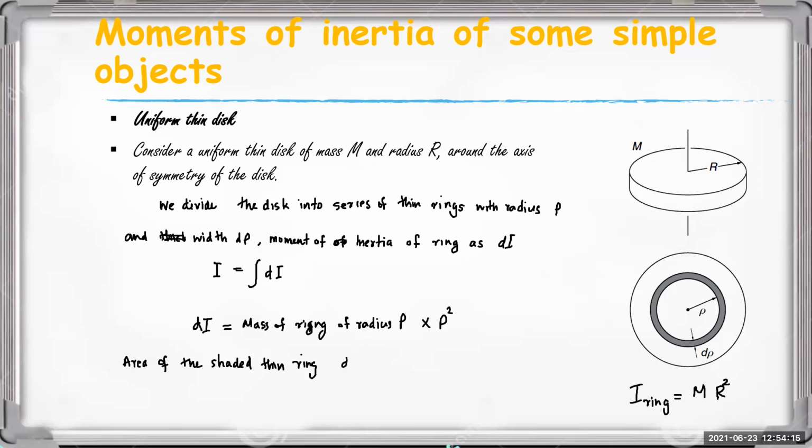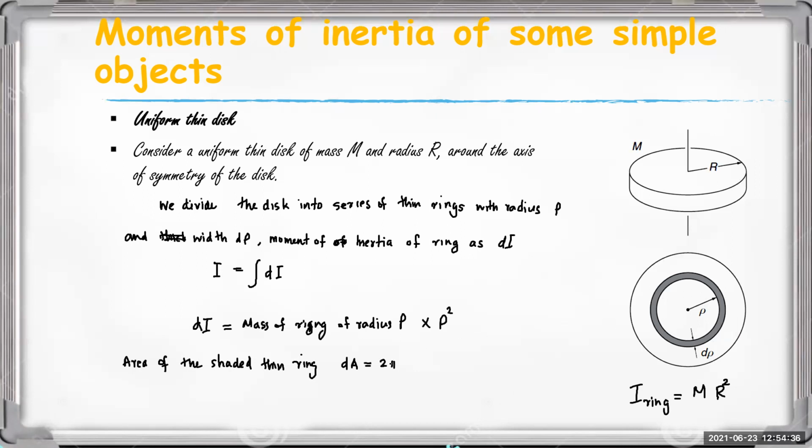It is denoted as dA. Look here, the width is d rho and the total circumference is 2 pi rho.